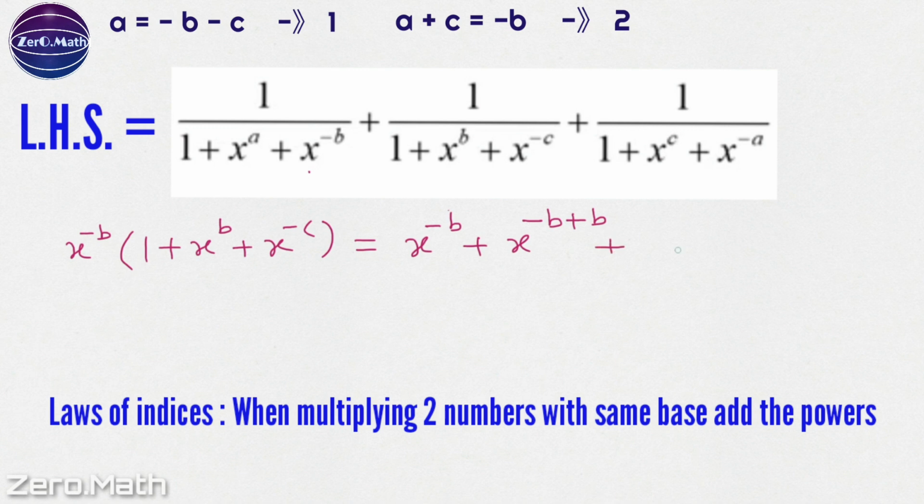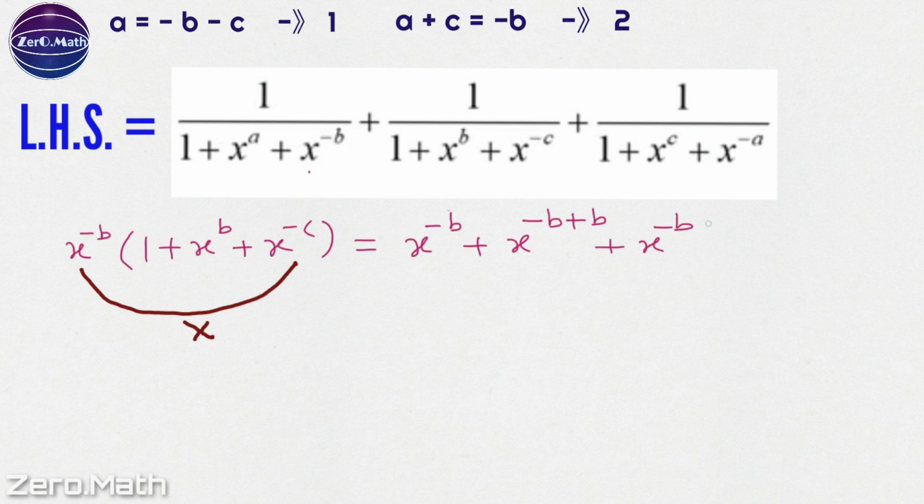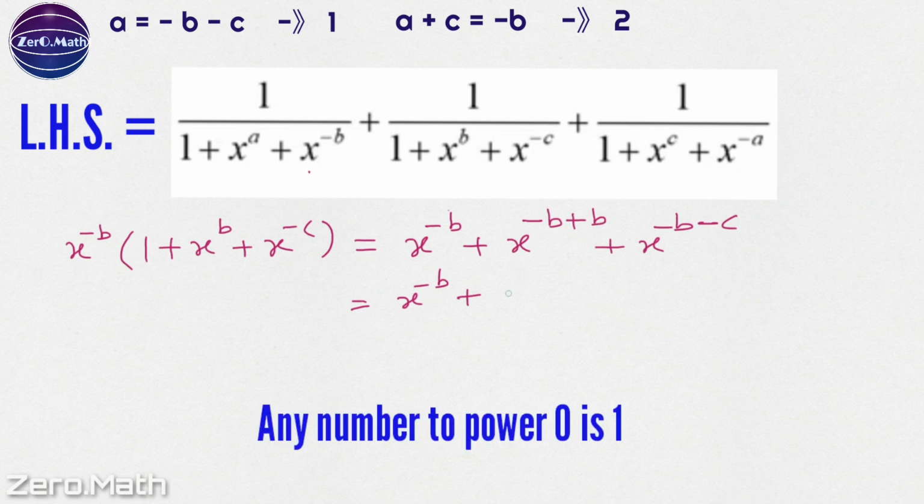if you are multiplying two numbers with the same base, then add the power. Similarly, the next will be x to the power minus b into x to the power minus c, so it will be x to the power minus b minus c. Now let's simplify this. So this will be x to the power minus b plus x to the power minus b plus b. Minus b plus b would be 0, and anything to the power 0 is always 1 as per laws of indices, plus x to the power minus b minus c.